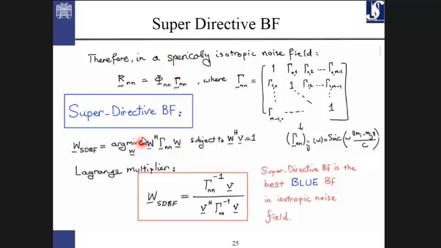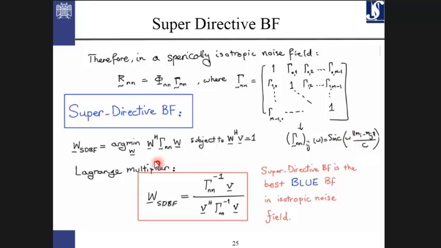You just minimize W Hermitian, coherence matrix of the noise, times W, subject to the constraint. We simplified everything, and it's interesting that this part is only dependent on frequency.